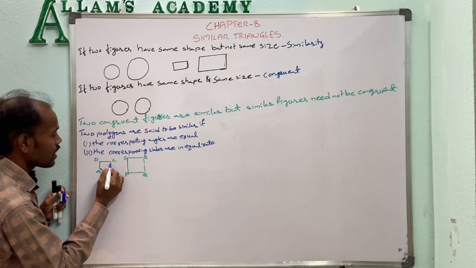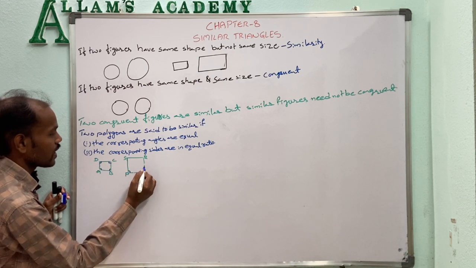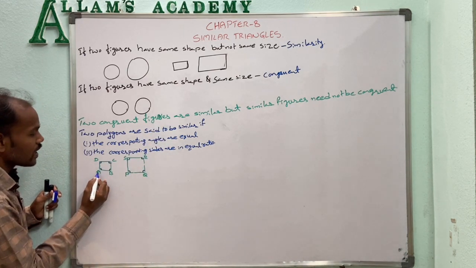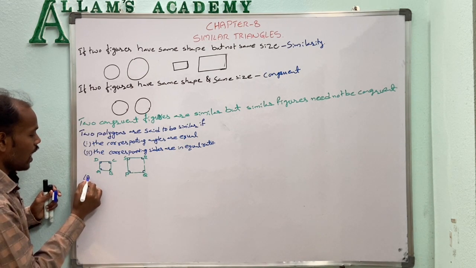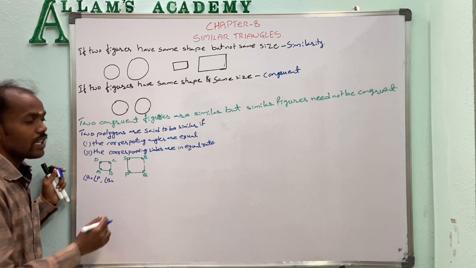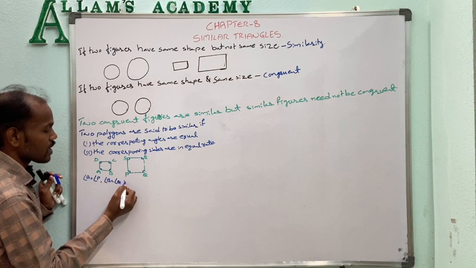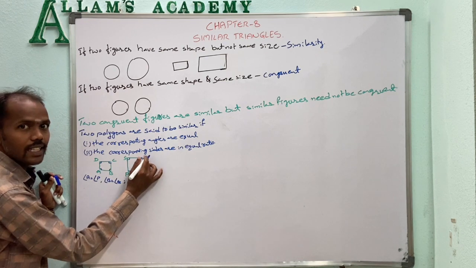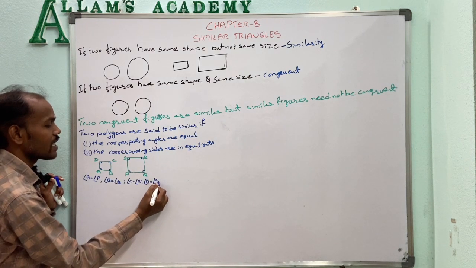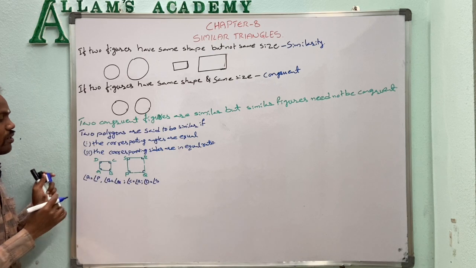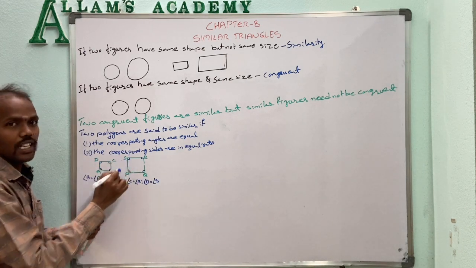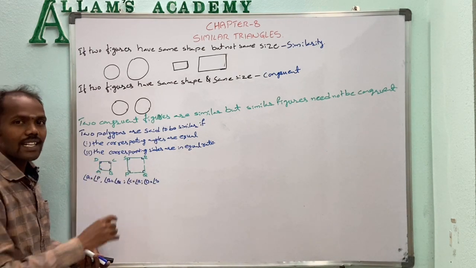So the corresponding angle of angle A is angle P, of angle B is angle Q, of angle C is angle R, and of angle D is angle S. Angle A equals angle P, angle B equals angle Q, angle C equals angle R, angle D equals angle S. Why? Because all angles are 90 degrees.